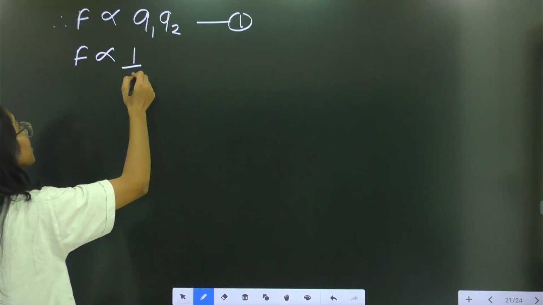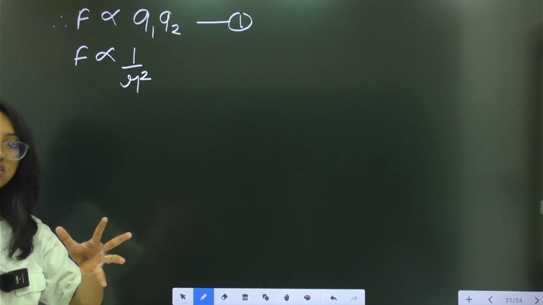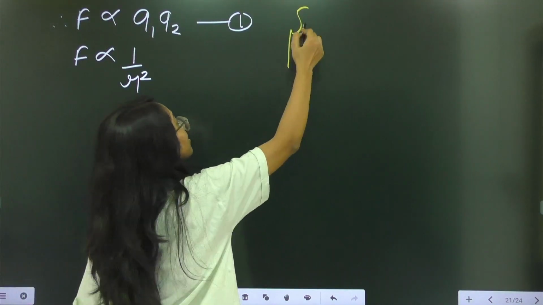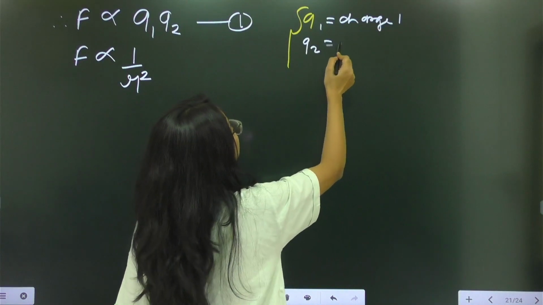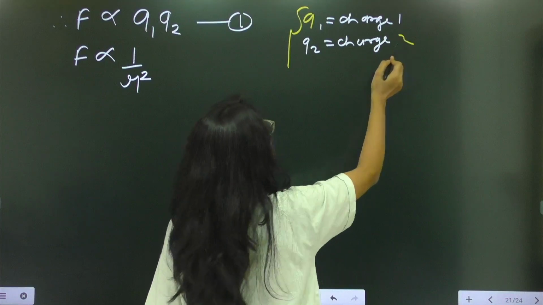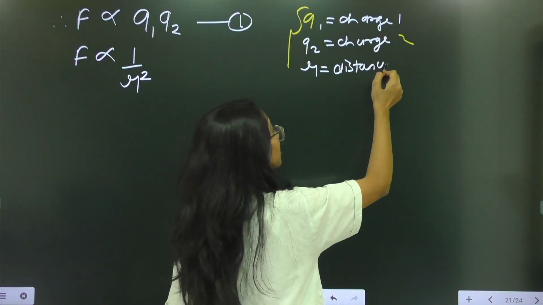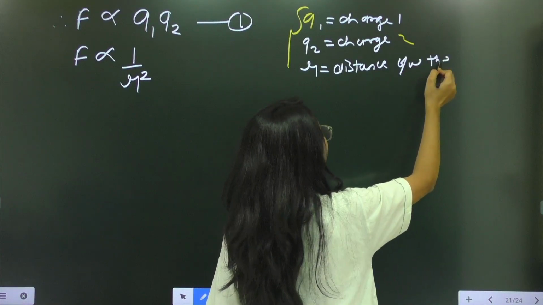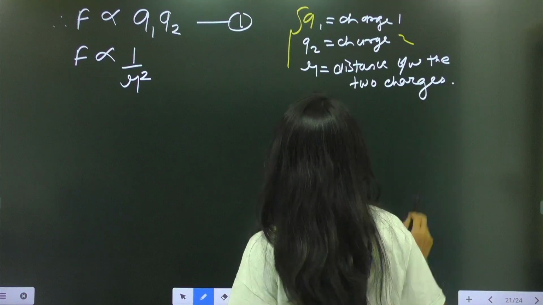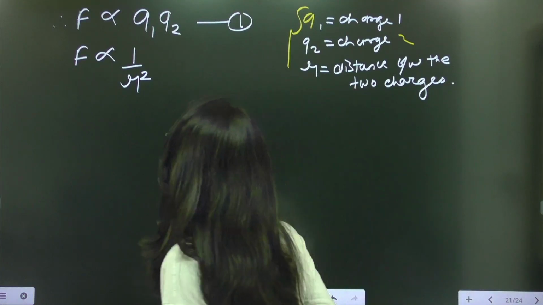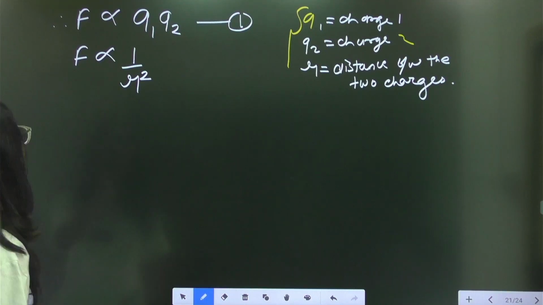F is inversely proportional to the square of R, where R is the distance between the two charges. Sorry, my writing is a bit messy, but I am writing fast, so forgive me.